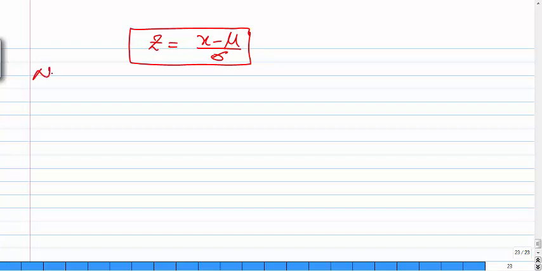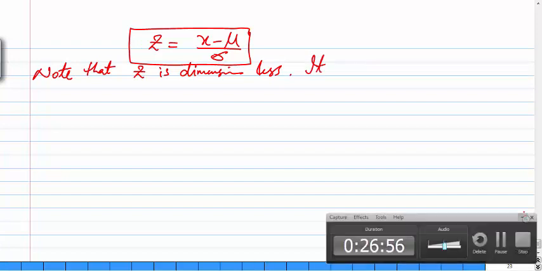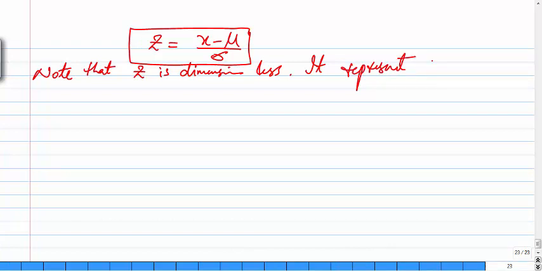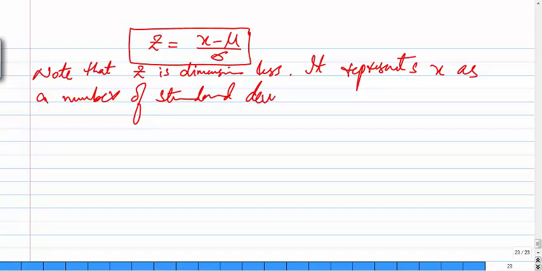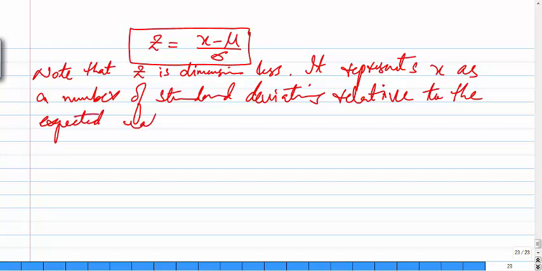So note that Z is dimensionless, so it represents x as a number of standard deviations relative to the expected value of x. So we have a table.